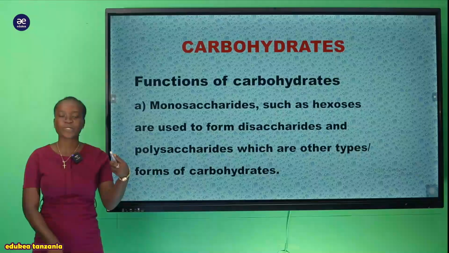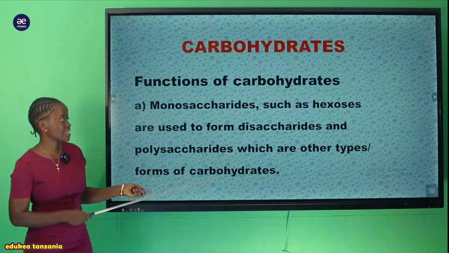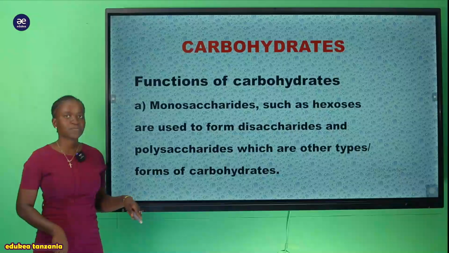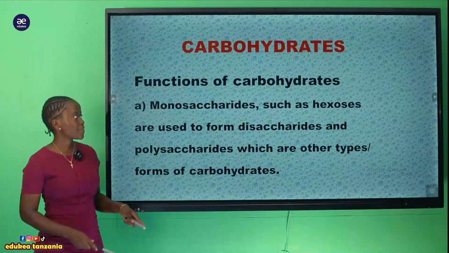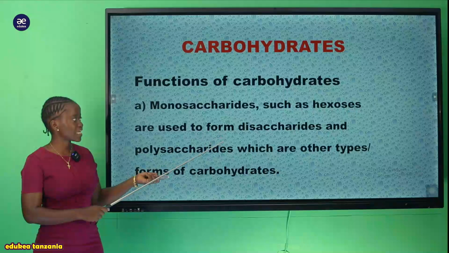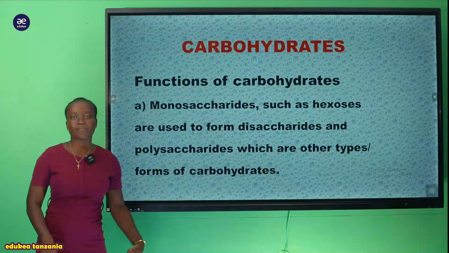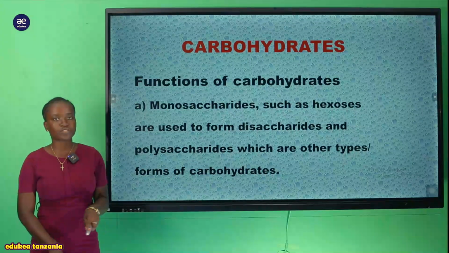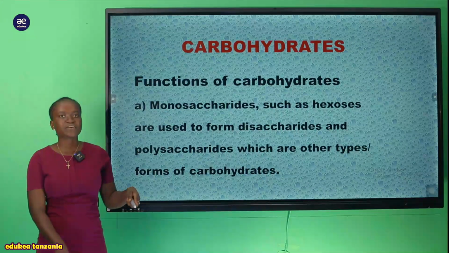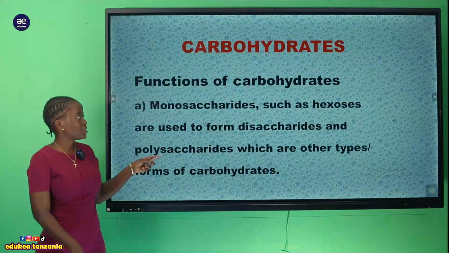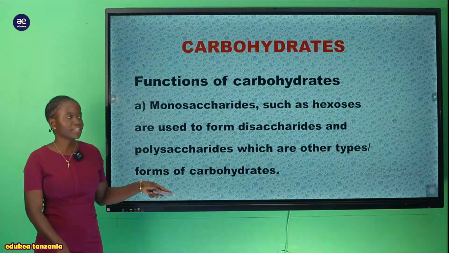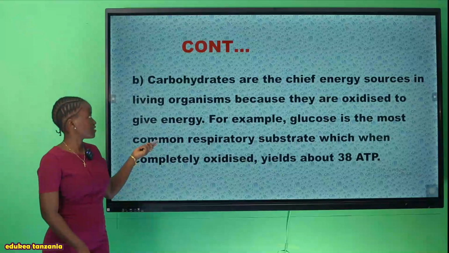Kwa hiyo sasa tunasema kwamba the presence of the monosaccharide ambazo hizi tumeziona hapa zinasaidia kutengeneza disaccharide pamoja na polysaccharide. Tulishaona hizi zote kwenye structure. How can we form the disaccharide, the polysaccharide, all of them?